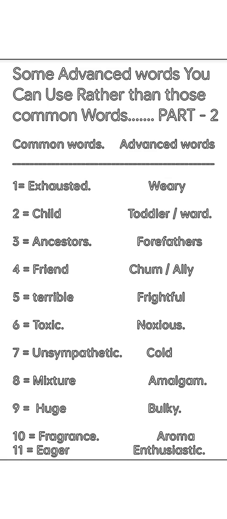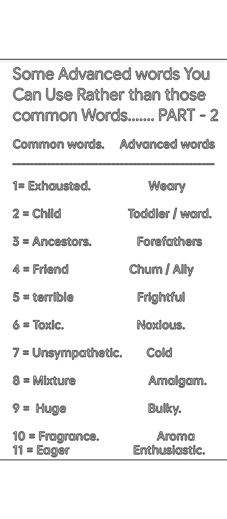Rather than using child you can use toddler or ward. Rather than using ancestors you can use forefathers, and instead of using friend you can use ally and chum. Terrible can be replaced by frightful. Instead of toxic, use noxious.